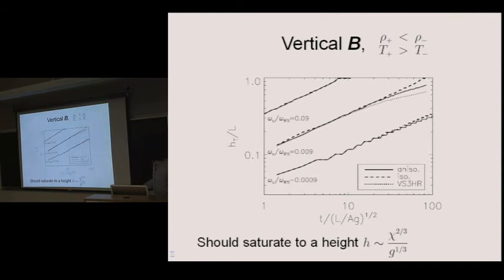And you can actually show that the height should saturate to a fixed level. You can't see it in the simulations because there's this numerical effect that even if you did have a fairly horizontal magnetic field, due to numerical mixing, you would still get some perpendicular conduction.